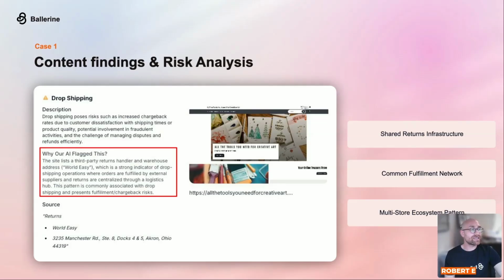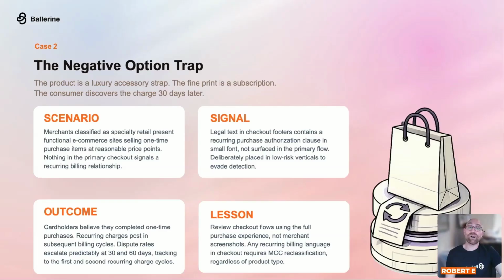So the next case we'll take a minute to look at is pretty interesting. It's a negative option trap. So this could be across various different kinds of products being sold. Sometimes it's a subscription to a fitness app.